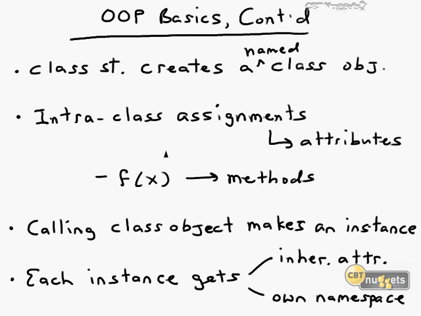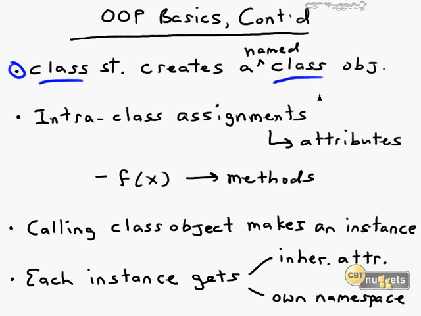Before we start digging into the demo and start showing you how this actually works in Python, let's take some more object-oriented programming principles and go over these to make sure that we're both clear on them. In Python, the class statement, which you're about to learn about in living color and become familiar with very intimately, creates a named class object.